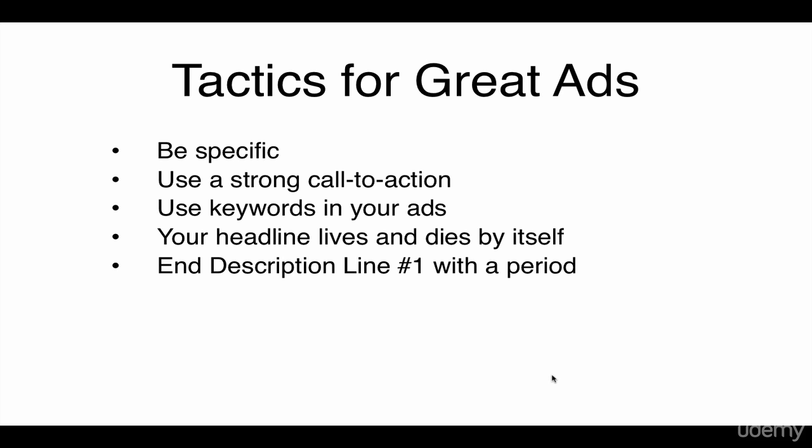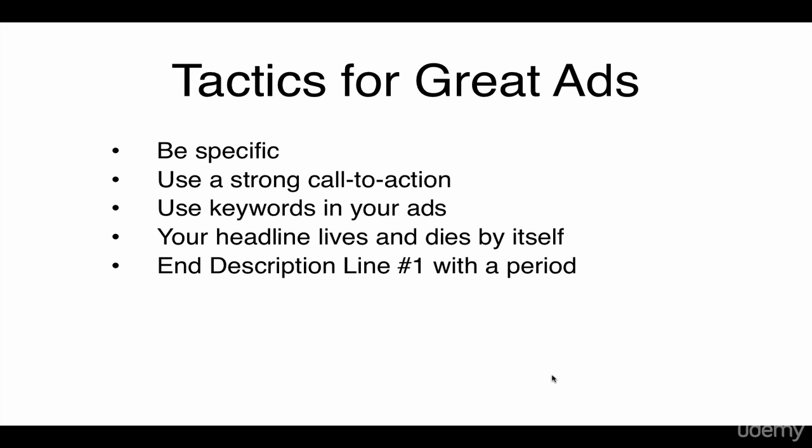Here's an interesting tip that a lot of people are not aware of. If you end description line number 1 with a period, Google will sometimes actually insert your entire description line number 1 as part of your headline. So it'll take your headline, and then it will add description line number 1 to it, because by placing that period there, you're telling Google that that's the end of a thought.